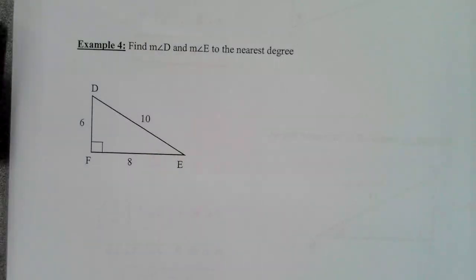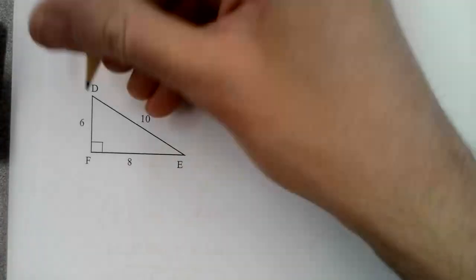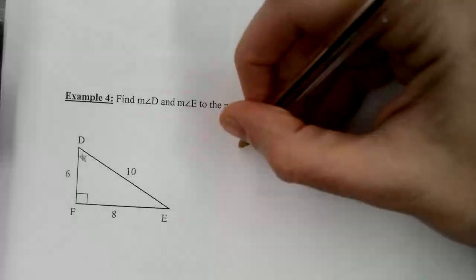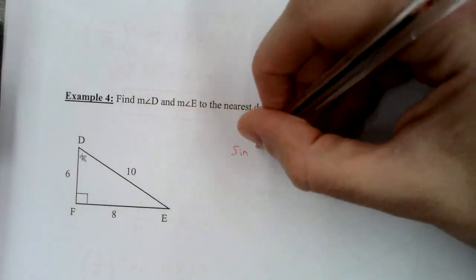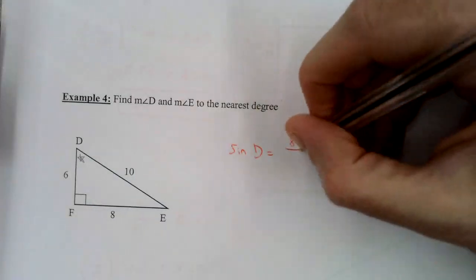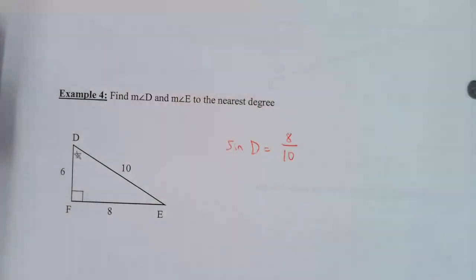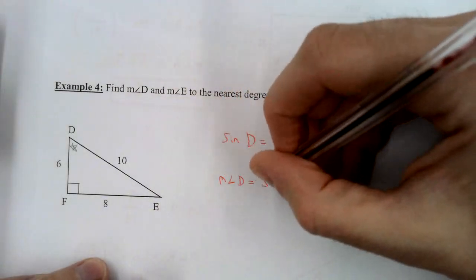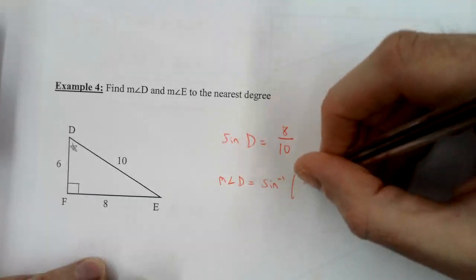So let's start with D. I'll go with sine for angle D. Let's do sine. Okay. So I'll say sine of D equals opposite, which is 8, over hypotenuse, which is 10. Therefore, the measure of angle D equals sine inverse of 8 over 10.